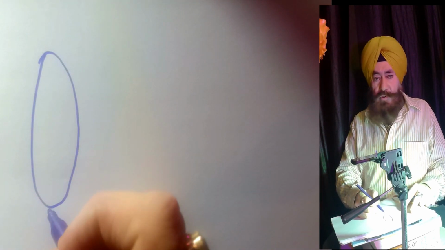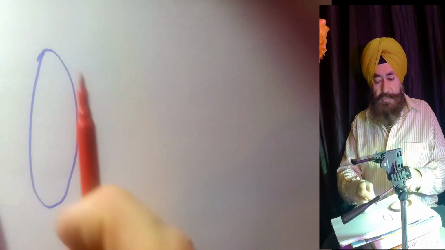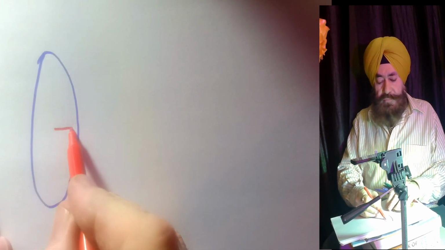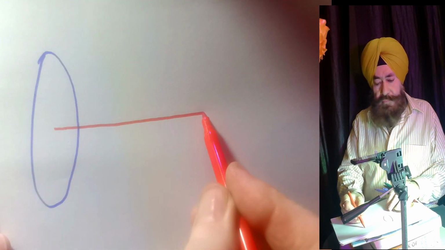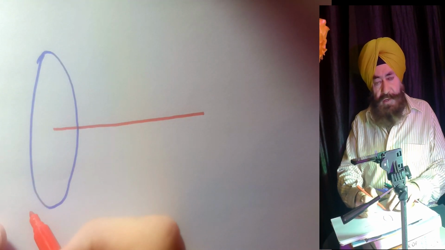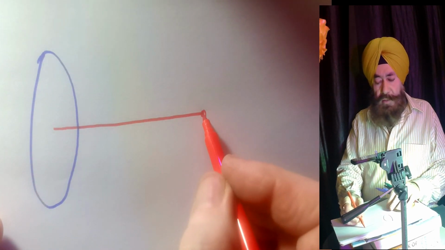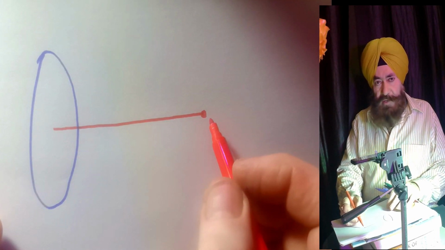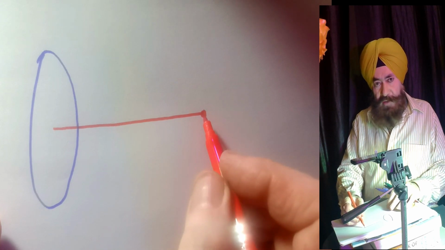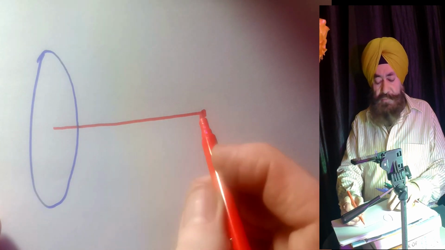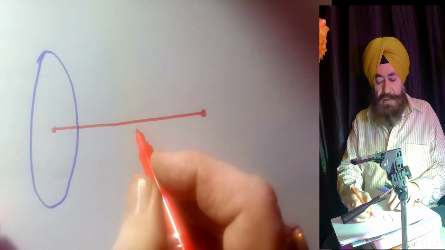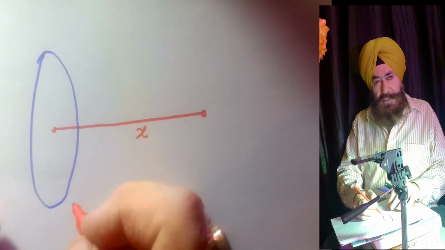This is my circular ring, and this is the axis of the ring. This is my observation point where I wish to find the magnetic field. From the center, the distance is x.